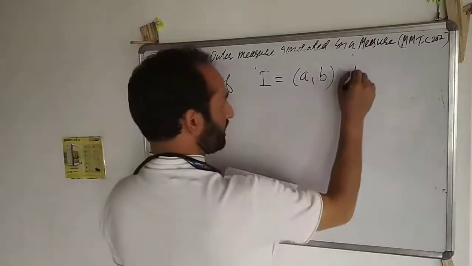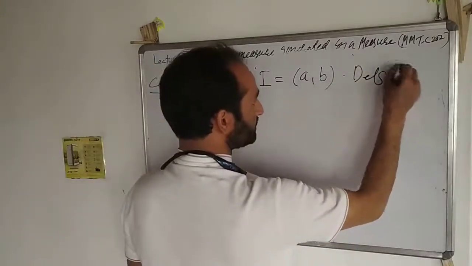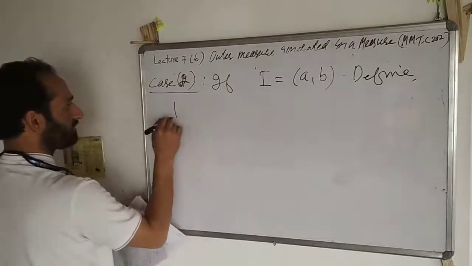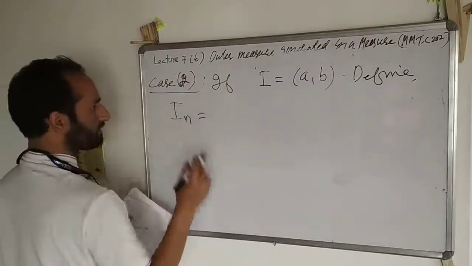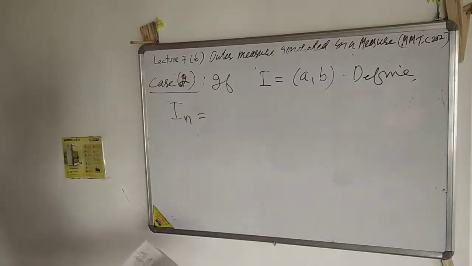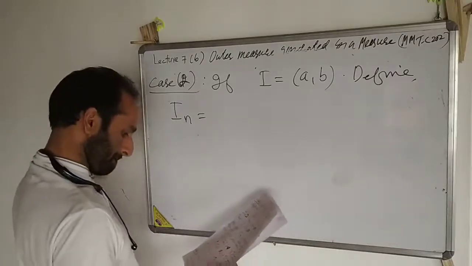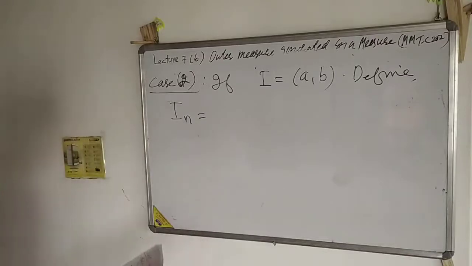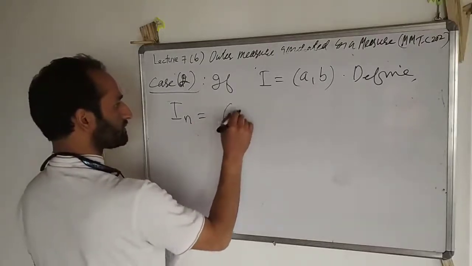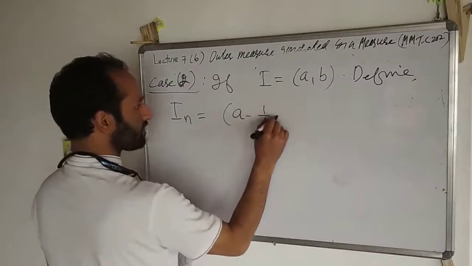Here we define I_n, let's define I_n as (a - 1/n, b].